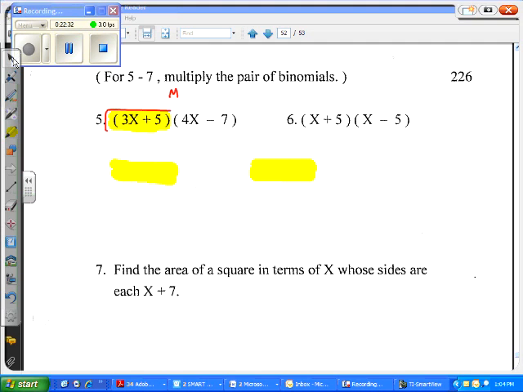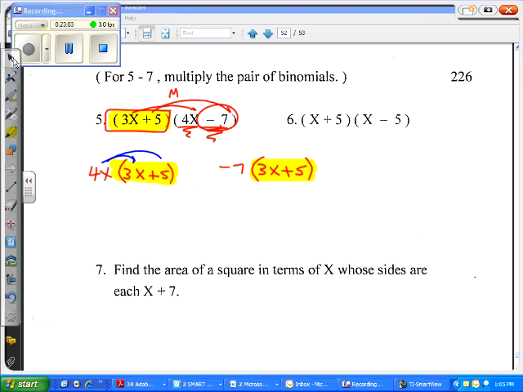We're taking this binomial and distributing it. So that binomial, 3x plus 5, will be distributed onto this piece, 4x. That same binomial, 3x plus 5, will be distributed onto the second piece, and for that second piece we have to carry the minus as a sign, so we call it negative 7.